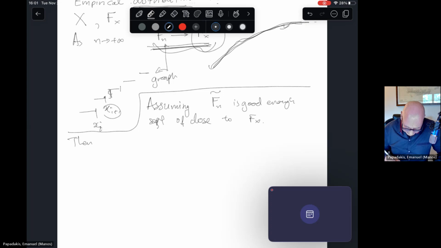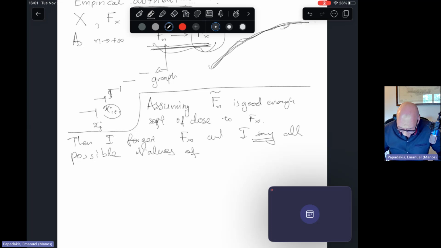Then I forget f sub x and I pretend, that's what I mean, I say all possible values of x are the values I have collected.